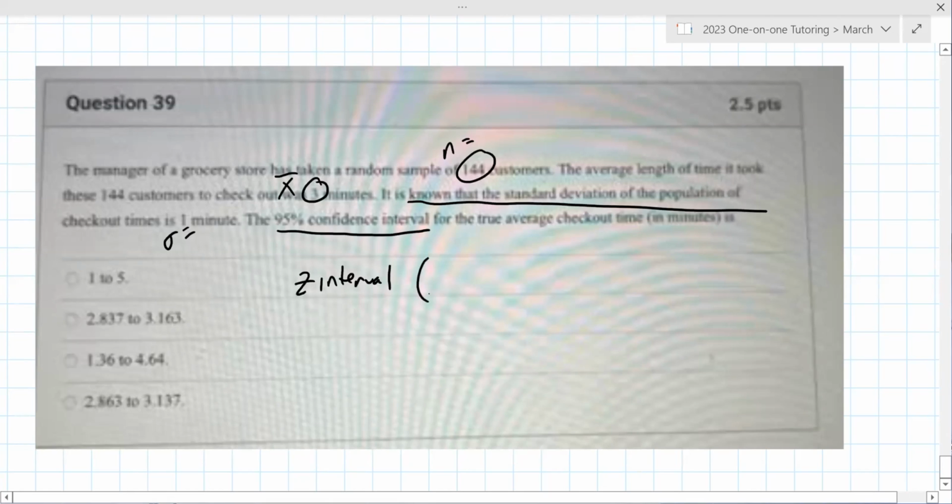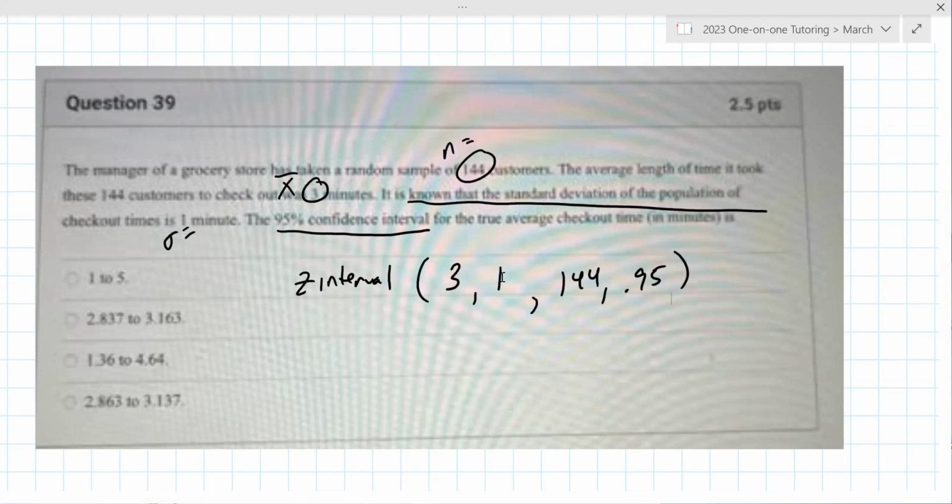Okay, so we got 3, 1, and then I think you got to give the sample size and then the C value. You just put those in. Oh, I see what I did.